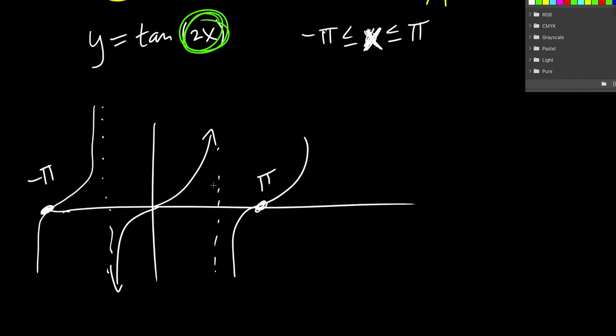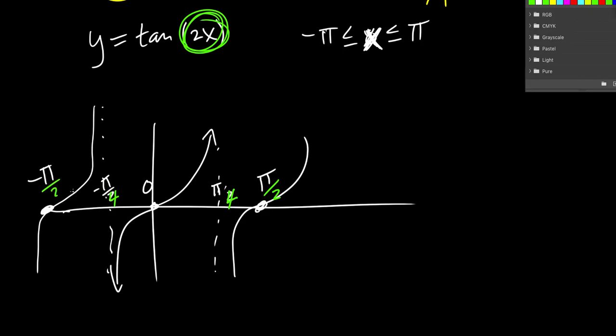So this was pi halves on the original, this is 0, and this is negative pi halves. All we need to do is divide all these by 2. So that becomes pi fourths, this becomes 0 over 2, which is still 0, this becomes negative pi fourths, and this is negative pi halves.